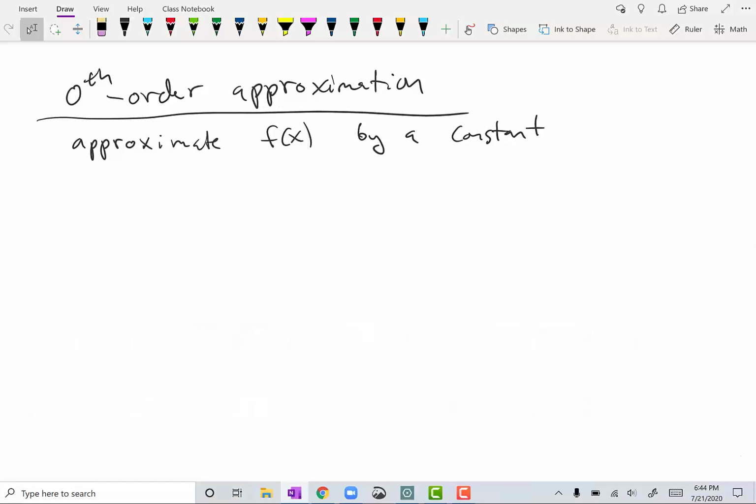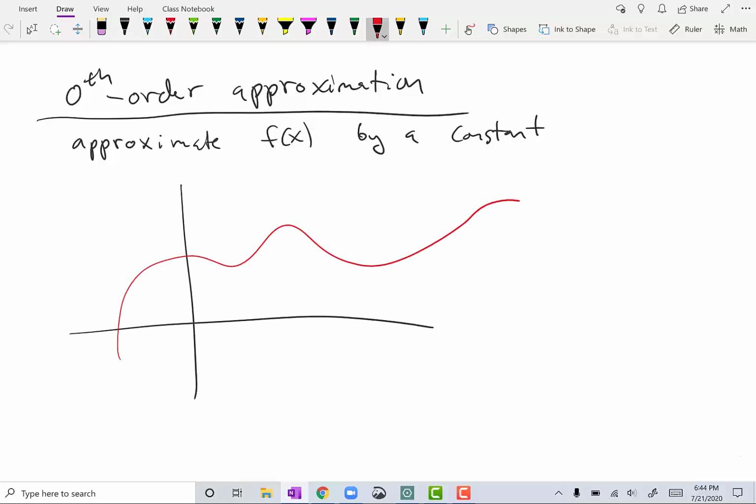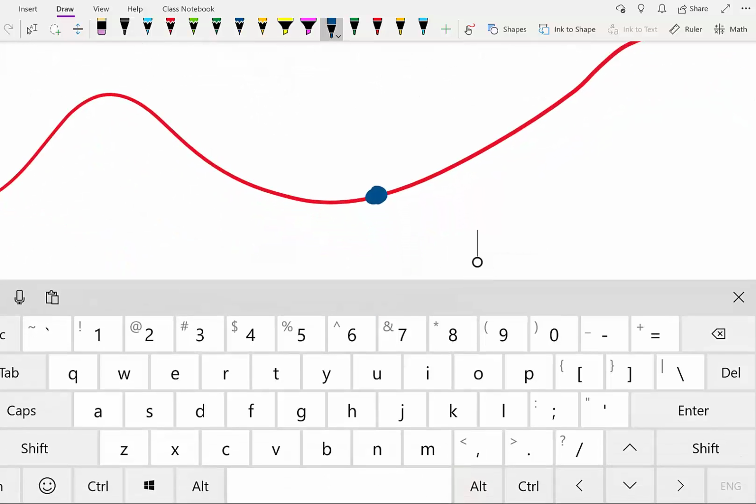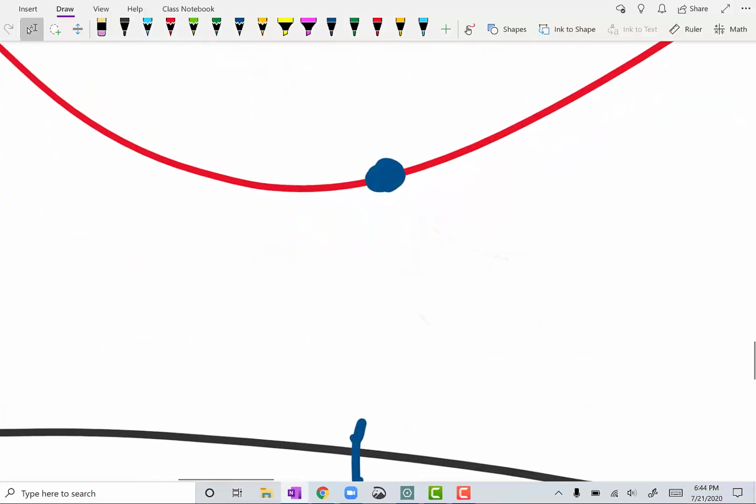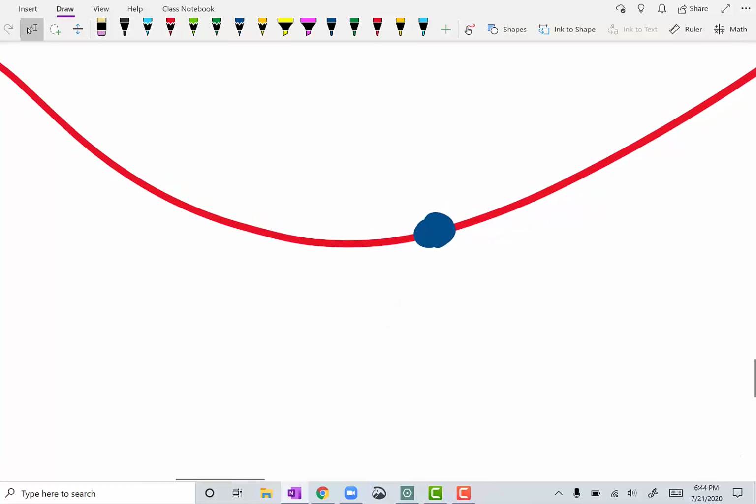And so what you would do is you would say, well, suppose I have my complicated function, which I'll draw in red. And then I have a point on this graph. And then the idea is if I zoom way in on that graph, and I just replace a piece of it, then the difference between that constant function and the actual function is very small, right?